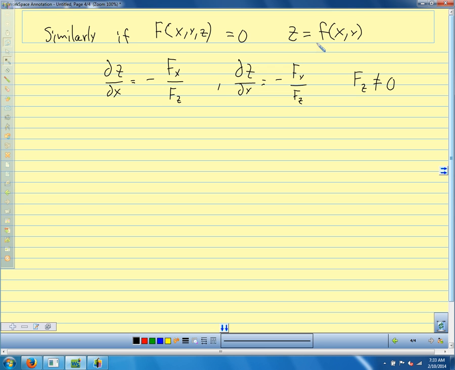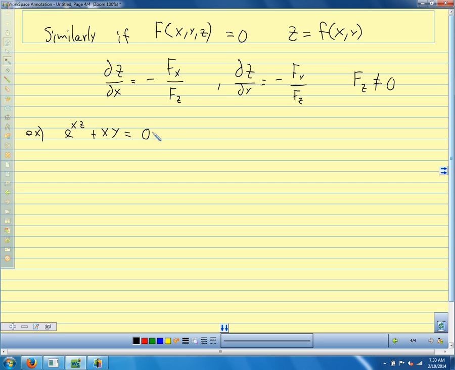All right, let's look at an example of using implicit differentiation, and then I want to talk about an application problem with partial derivatives. So let's say we have e to the xz plus xy equals 0.